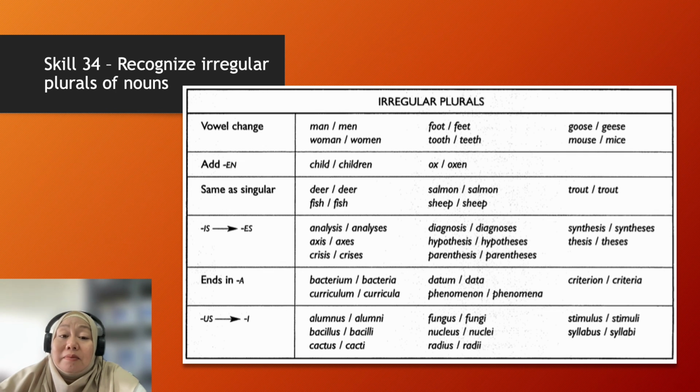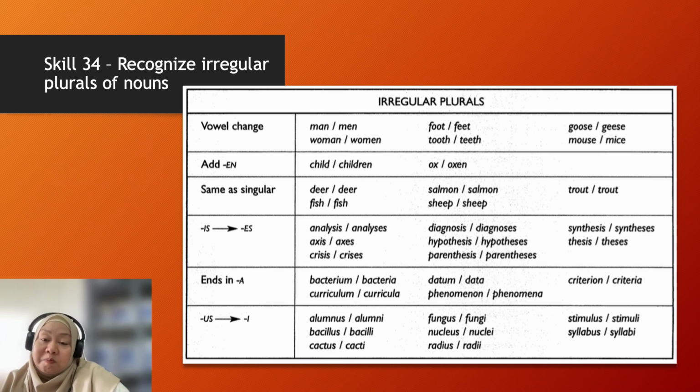Why can it cause confusion or trouble? Because the irregular plural forms do not end with s, while the regular ones end with s or es.